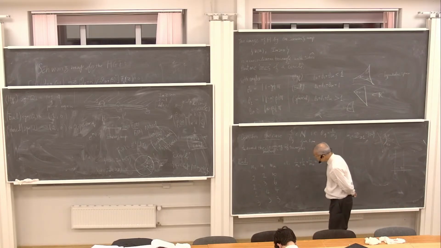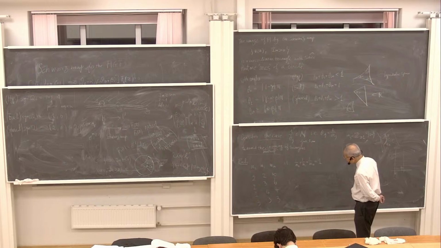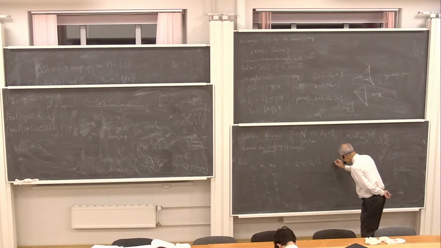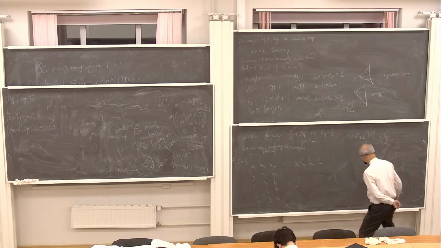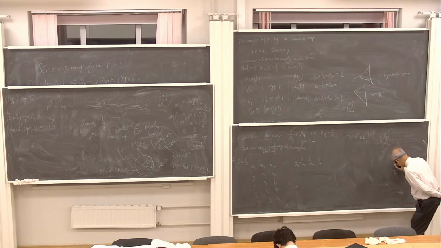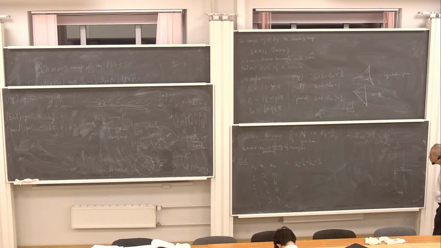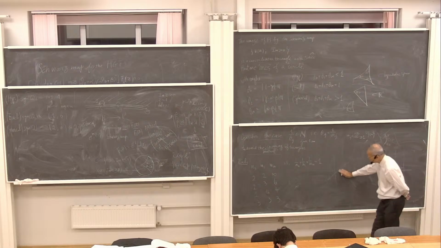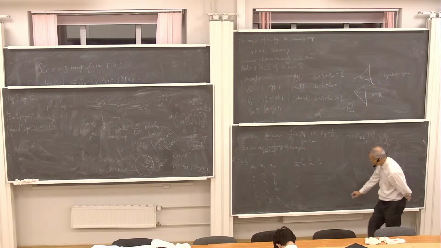In this situation, the image of the complex conjugate is nothing but a reflection with respect to one of these sides. So consider this situation, the first one.